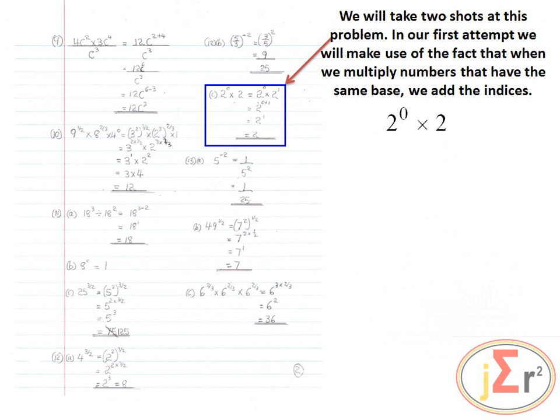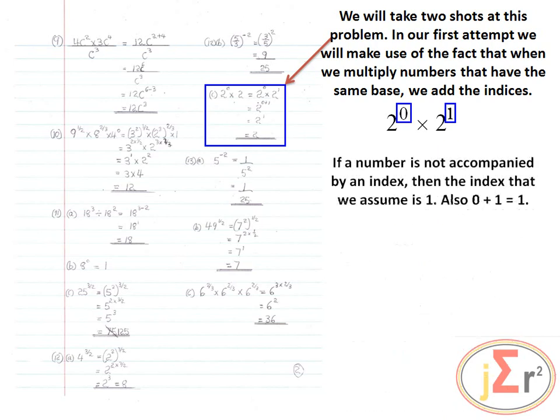We will take 2 shots at this problem. In our first attempt, we will make use of the fact that when multiplying numbers that have the same base, we add the indices.